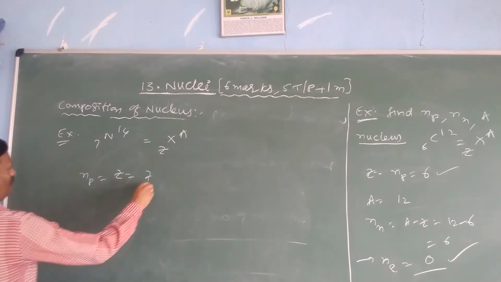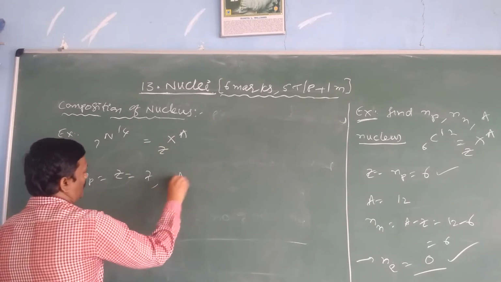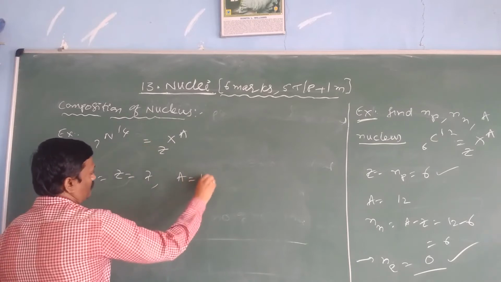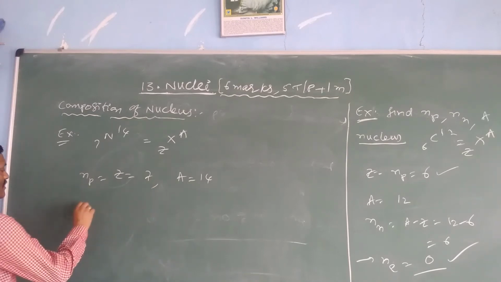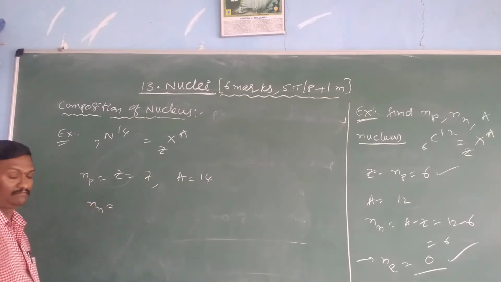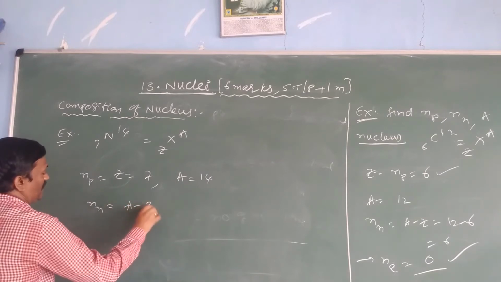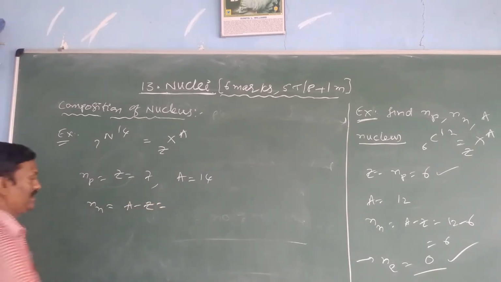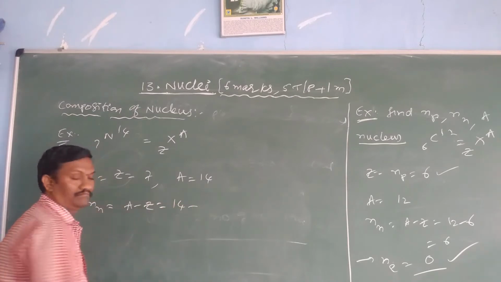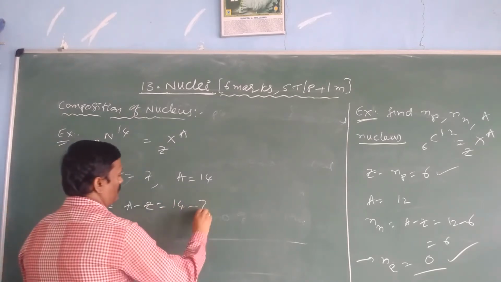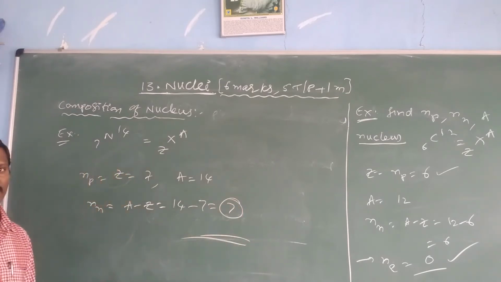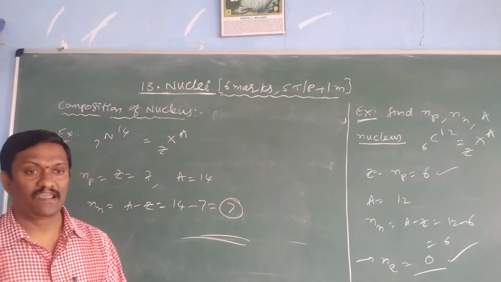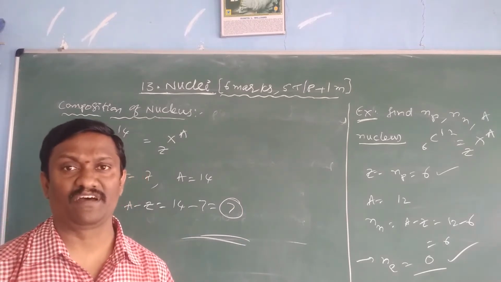And mass number means total number of nucleons, and the A value becomes 14. Now calculate the number of neutrons, which is A minus Z. Here A is 14 and Z is 7. 14 minus 7 is 7. So that is about the composition of the nucleus and the representation of a nucleus.